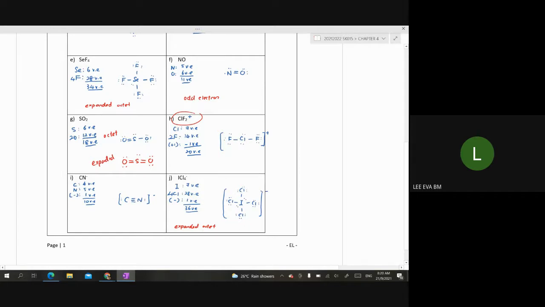So sulfur can expand, because there are empty 3d orbitals. Therefore, you can achieve the octet first, and after that you can do expansion for the center sulfur atom. So there are two answers for G. If you want the most stable one, then we go for the expanded octet.